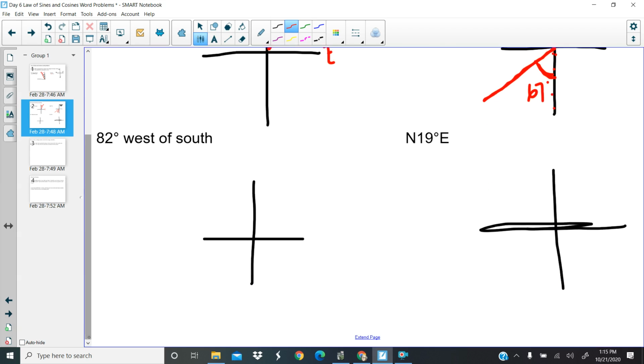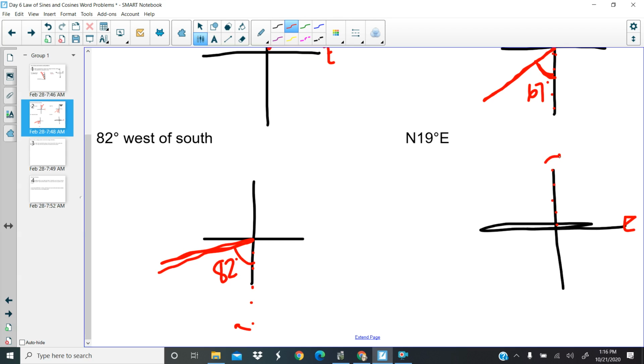And my last two, we have 82 degrees west of south. So we would start going south, and then we're going to swing to the west by 82 degrees. So my angle would be 82 right here. And then in my very last one, we have north 19 degrees east.